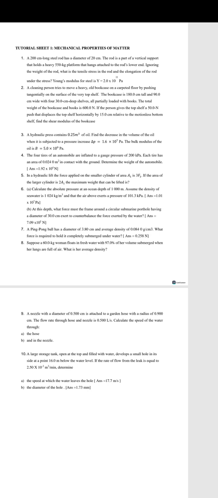The total weight of the bookcase and the books is 600 Newton. If the person gives the top shelf a 50 Newton push that displaces the top shelf horizontally by 15 centimeters relative to the motionless bottom shelf, find the shear modulus of the bookcase.